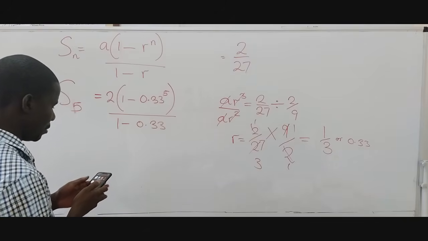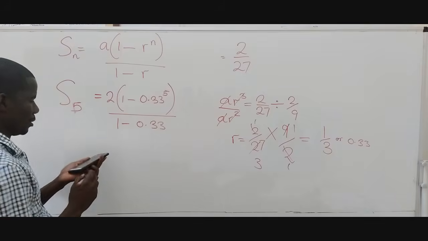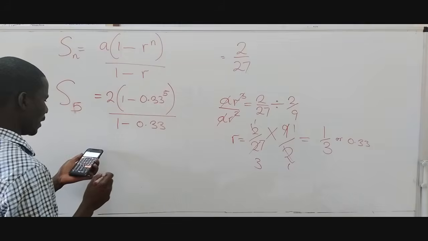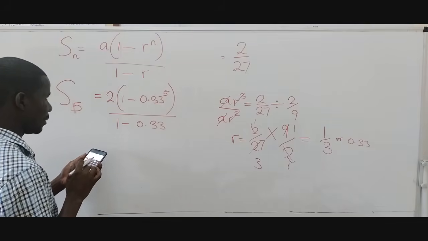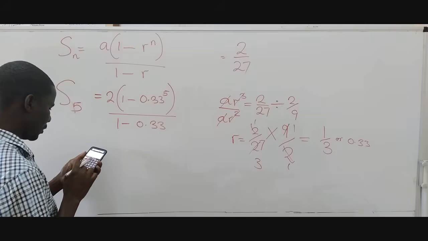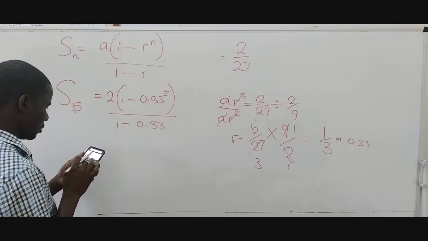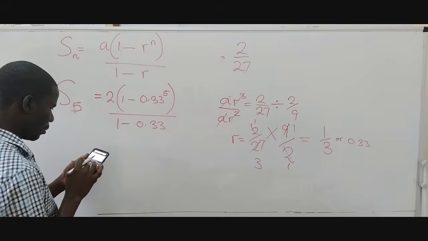For the first one, we just punch it as it is on the calculator. We say 2, open brackets, 1 minus 0.33 to the power 5, then close brackets.